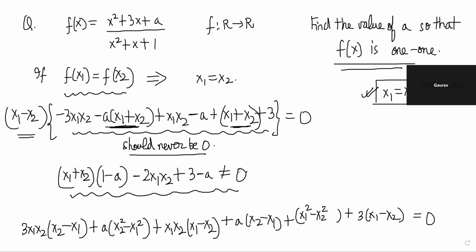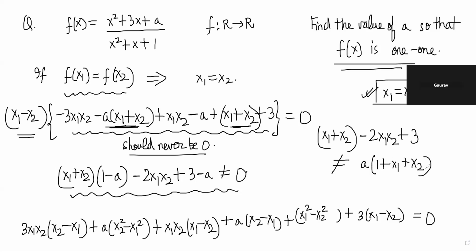So I will solve for a and I will get x1 plus x2 minus 2x1 x2 plus 3 should not be equal to a times 1 plus x1 plus x2, right?